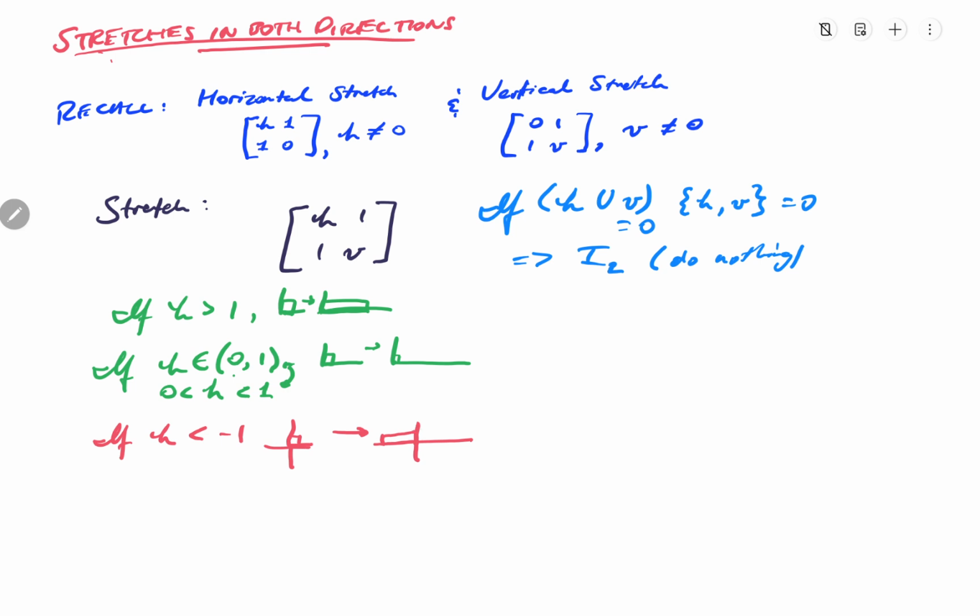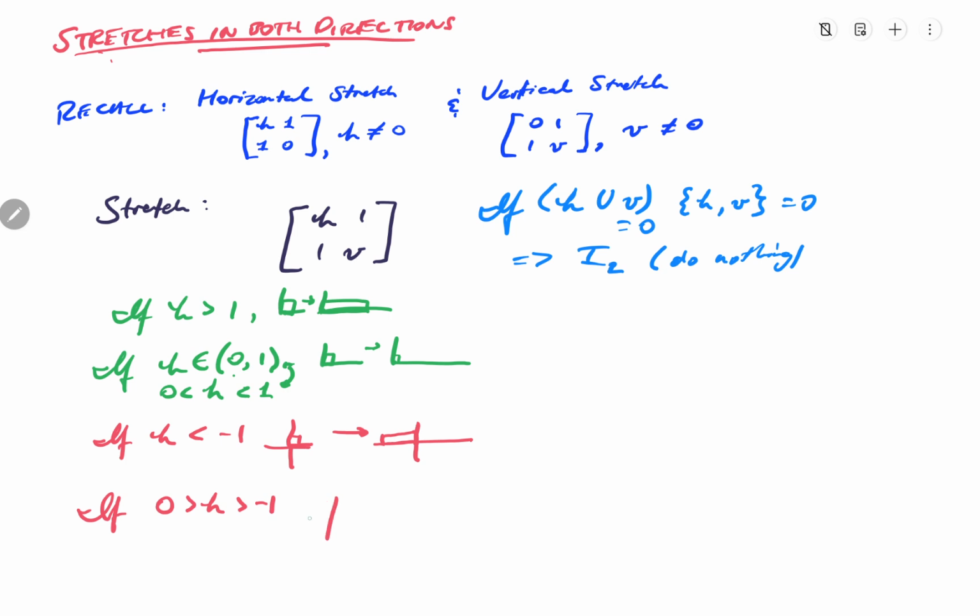Now, for this other case, if h is less than 0 but greater than -1, sorry, I can't think negatively right now.